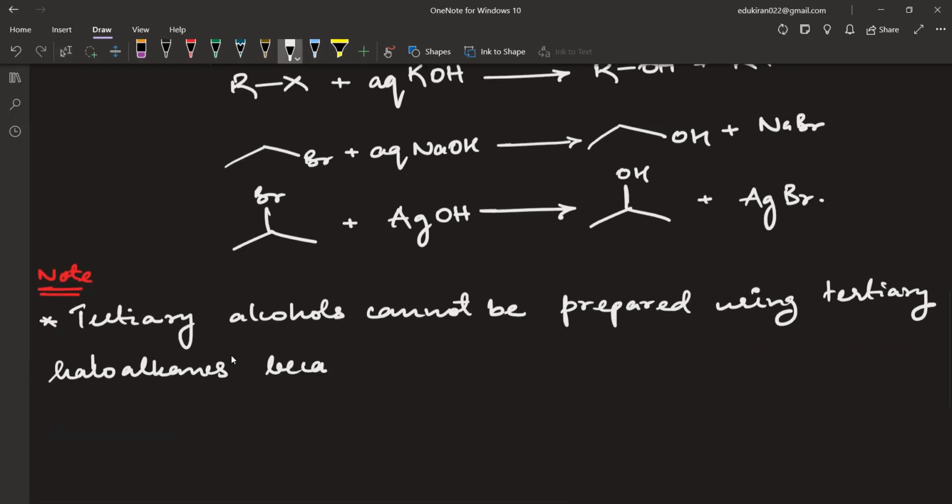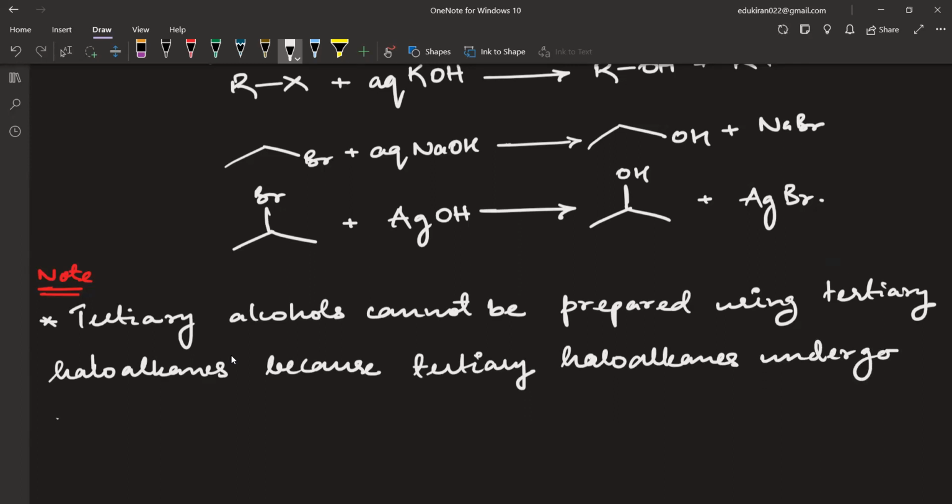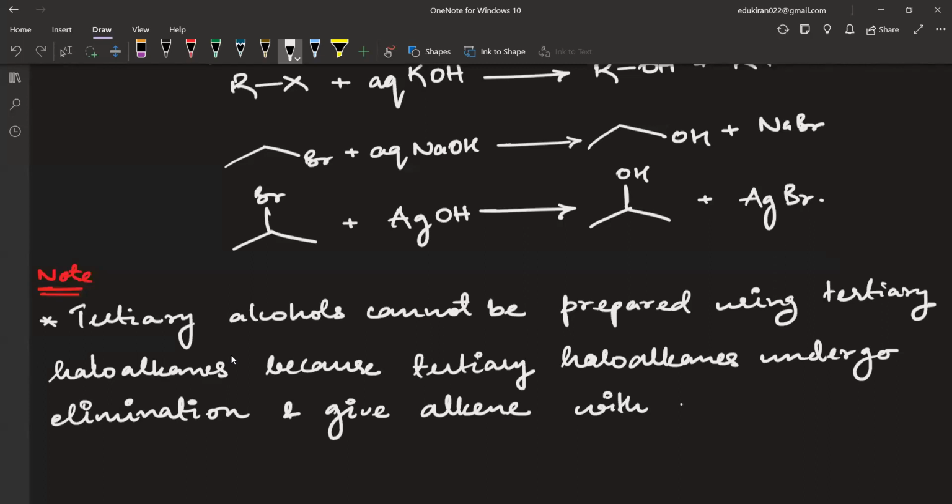Because tertiary haloalkanes undergo elimination and give alkene with alcohol. So both of the products are being formed.